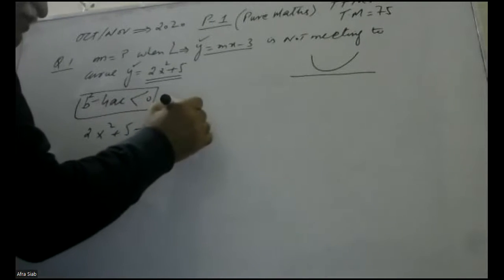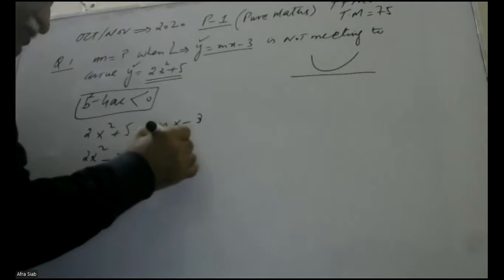Since both of them are equal to y, 2x square plus 5 is equal to mx minus 3, where 2x square minus mx minus 8 equals 0, where a is 2, b is minus m, and c is minus 8.